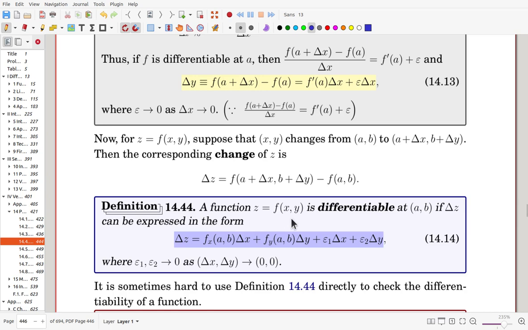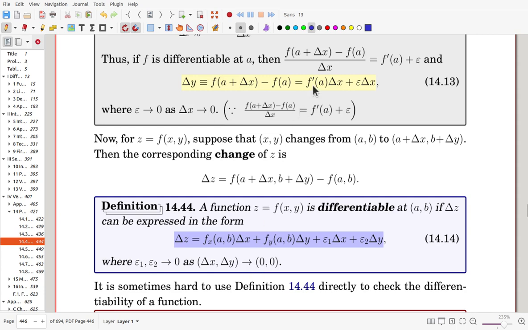Here we have the definition for differentiability for functions of two variables. The function is differentiable at the point if delta z, the change of z, is given in this way. Here the condition is that epsilon 1 and epsilon 2 approach 0 as delta x and delta y approach 0.